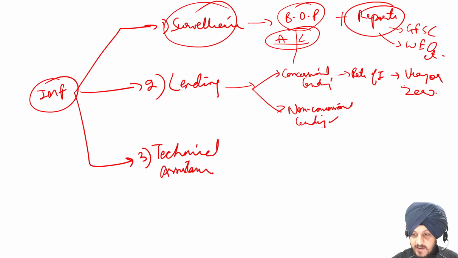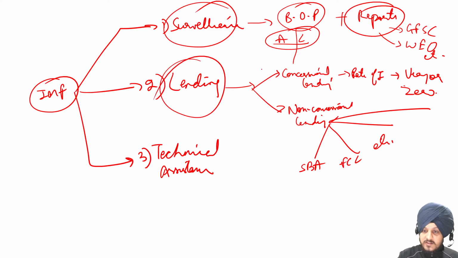And non-concessional lending can be of different types, such as stand-by arrangement, flexible credit line, etc. We are going to do it in a detailed manner. So this is the lending purpose or working of the IMF, which is in the form of concessional lending and non-concessional lending.